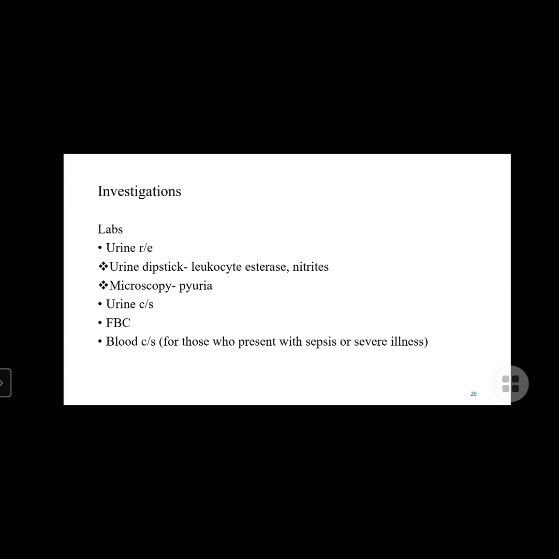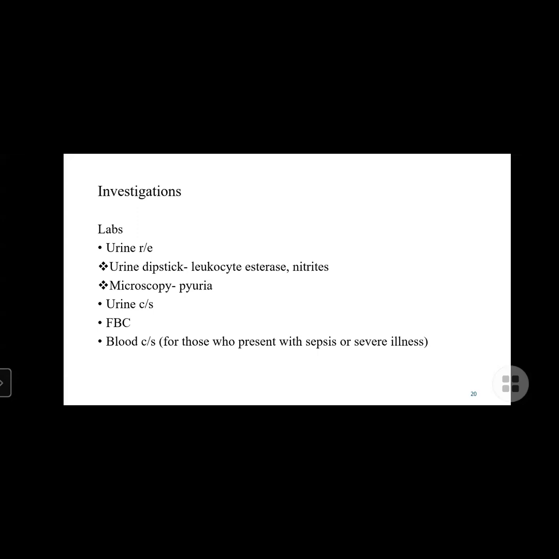We also have nitrites, which are usually used to screen for bacteriuria, which is bacteria in the urine. Most of the organisms that are able to cause UTI have an enzyme known as nitrate reductase. When you take a normal urine sample, we have chemicals in it known as nitrates.